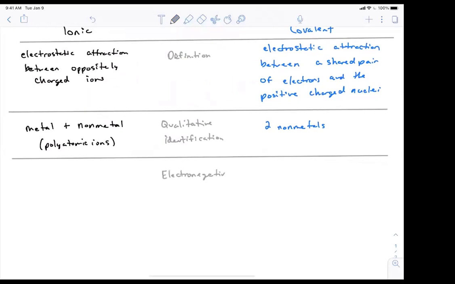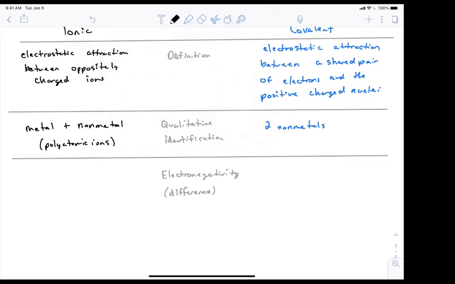Now, the quantitative way to do it is to distinguish using electronegativity. When you use the difference in electronegativity, you will find a different range for ionic versus covalent.